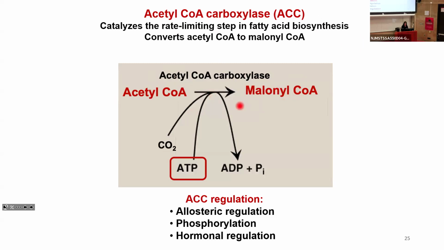And this is an ATP requiring step. And so for many ATP requiring steps, there will be regulation. And this is a major one. There are three ways in which you can regulate ACC. One is by allosteric regulation. Do we know what that is, allosteric?